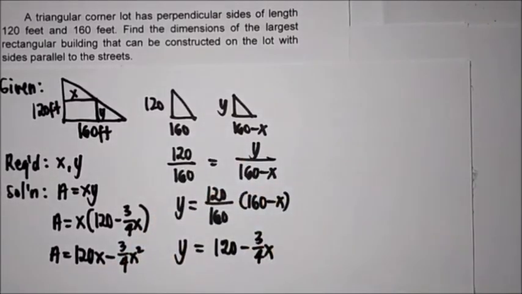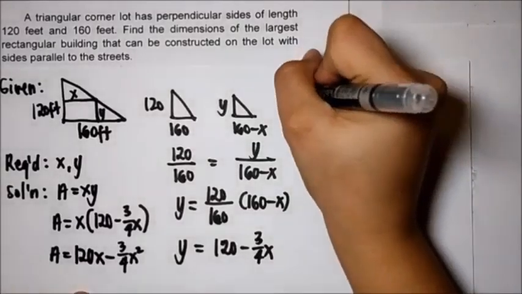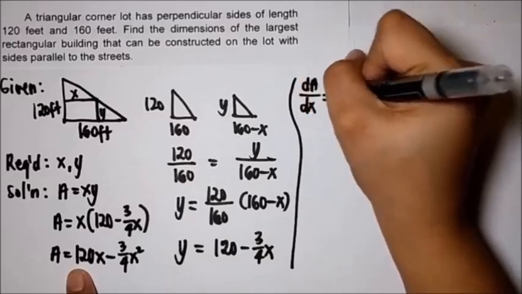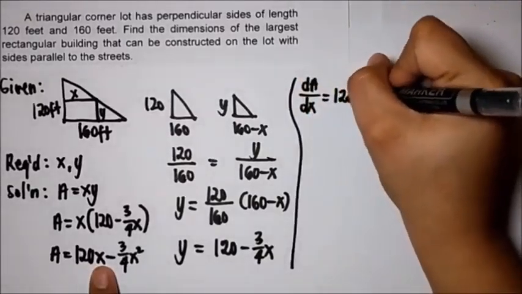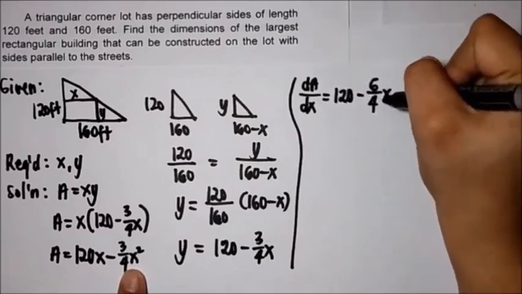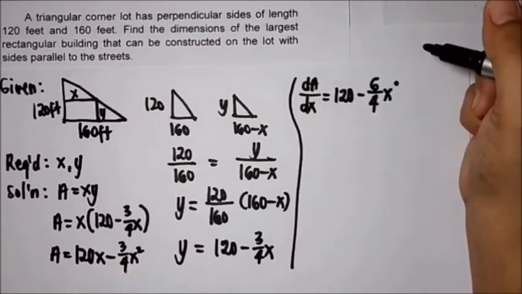And then we can now differentiate this one with respect to x. dA over dx: we have 120 minus, so this would be 6 over 4 x.